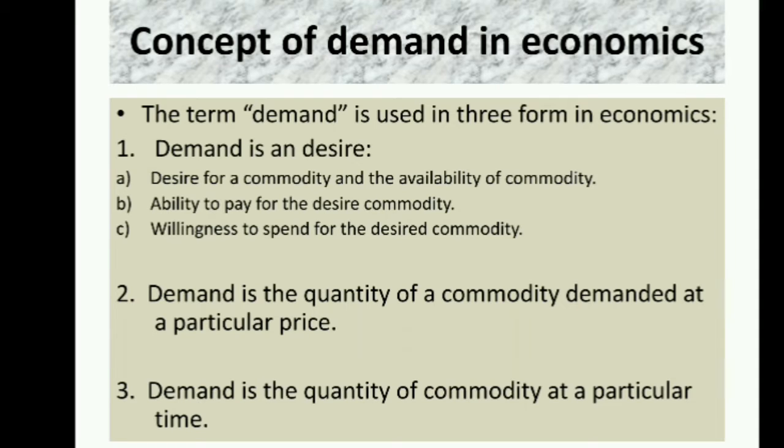This means a desire for any commodity will become an effective desire only when it is supported by the following three factors: desire for a commodity and the availability of the desired commodity, ability to pay for the desired commodity, and willingness to spend for the desired commodity.